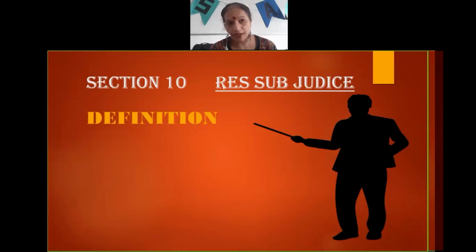These two suits have been instituted in the same court, or may be instituted in different courts having competent jurisdiction to entertain the same. We have already started the situation when we dealt with the concept of jurisdiction, wherein various different courts may have jurisdiction to entertain a particular matter, provided that matter comes within their pecuniary limitation.